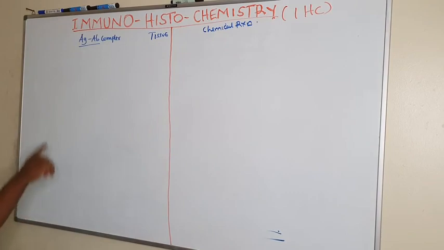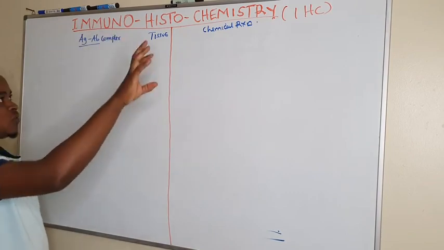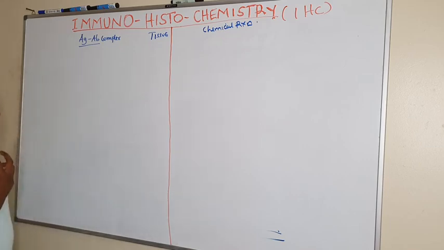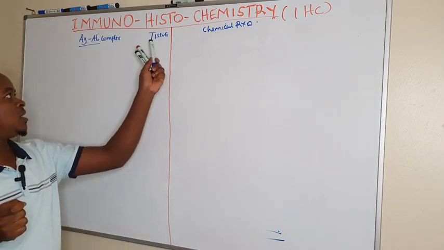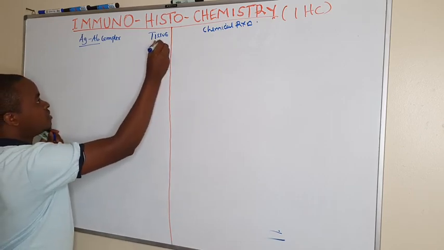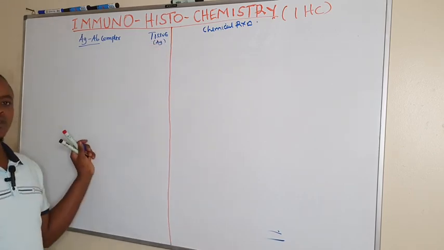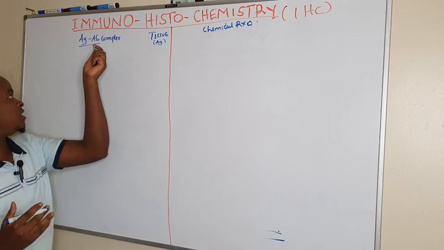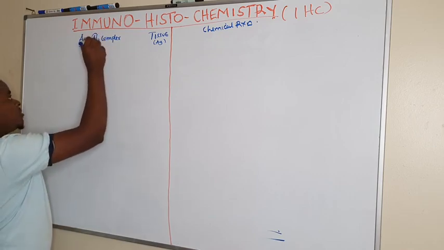So immunohistochemistry is the study of body tissues or proteins within a tissue. The tissue is the one which is going to have the antigen, which are protein or tissue components, to which we are going to direct a reagent containing antibodies.